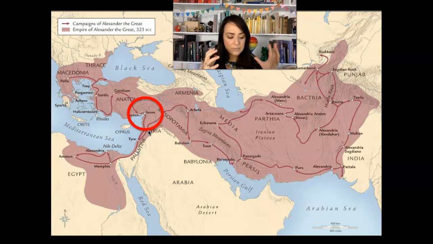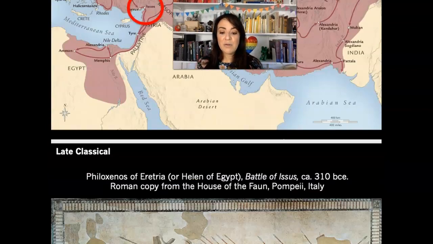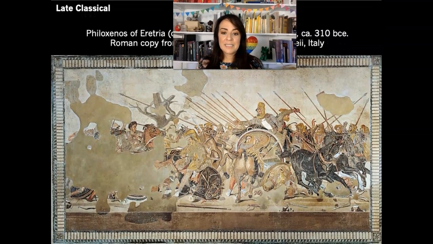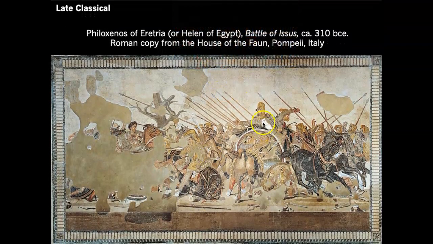And during the battle, Darius III realized that he was going to be defeated, and so instead he ordered a retreat. And that is the moment that we see being depicted here. It's the retreat of Darius and his soldiers as Alexander and his army plow through.